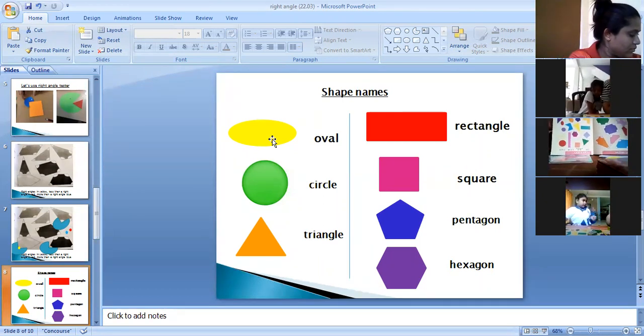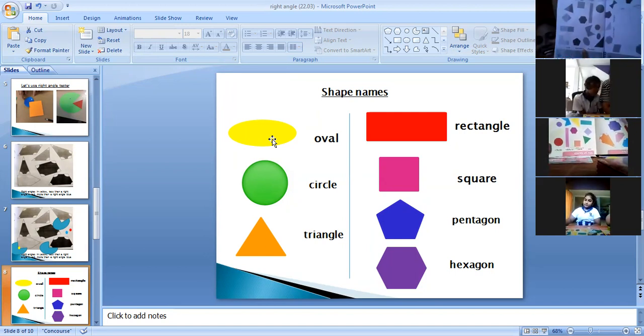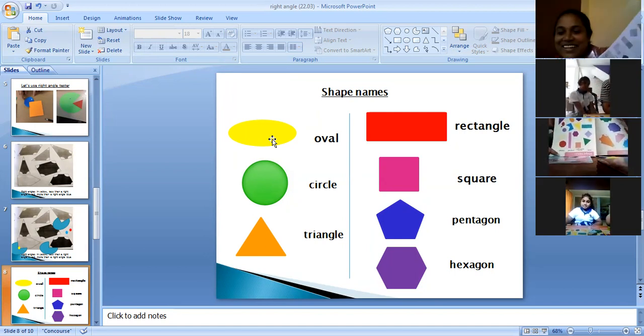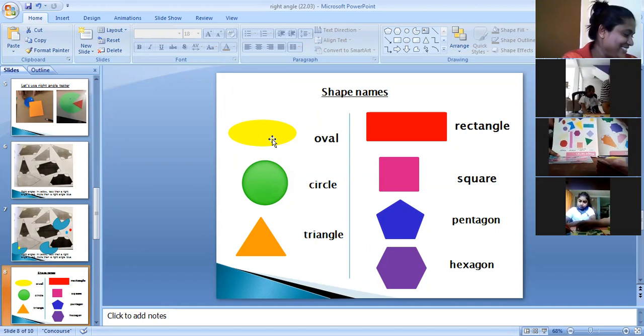Green, yellow, and purple. Maybe here this is black and white, so I can't see the yellow color one. Then maybe there are 3. The rectangle also the same, 3 rectangles. Yellow color one also there. Okay. Yes.